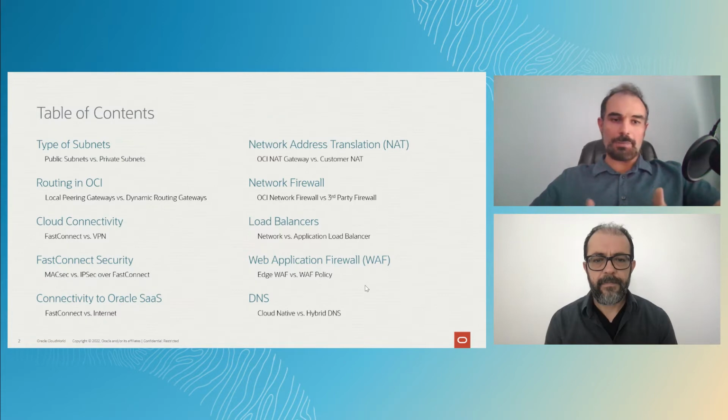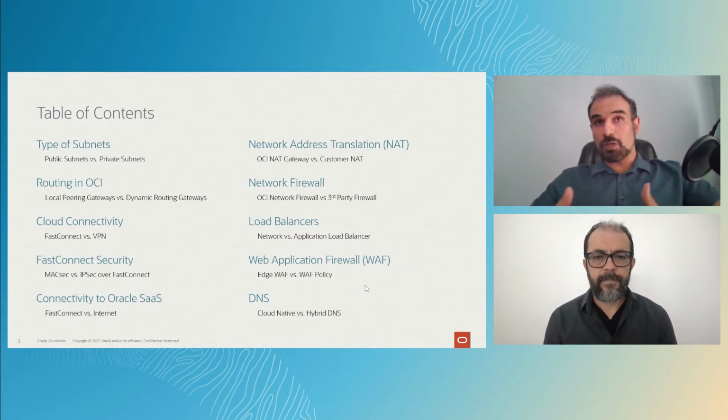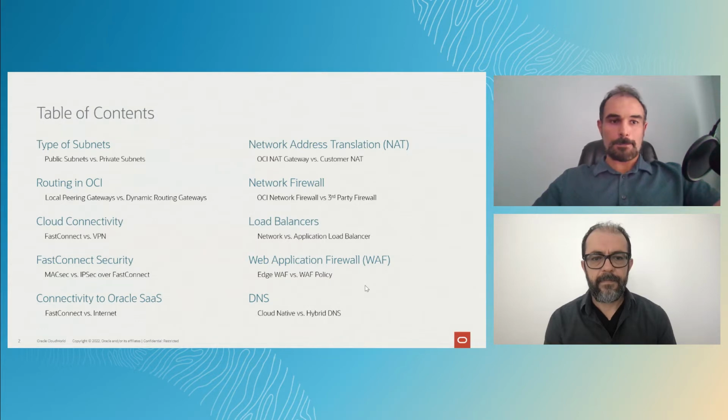We're going to talk about different options that you have in terms of connectivity, how to secure those, how to get access to different SaaS services on OCI, how to use NAT as a solution, how to best use network firewalls, how to deploy different load balancers, pros and cons of each. And of course, we're going to end this session by talking about two important solutions, Oracle WAF, which is a web application firewall, and Oracle DNS.